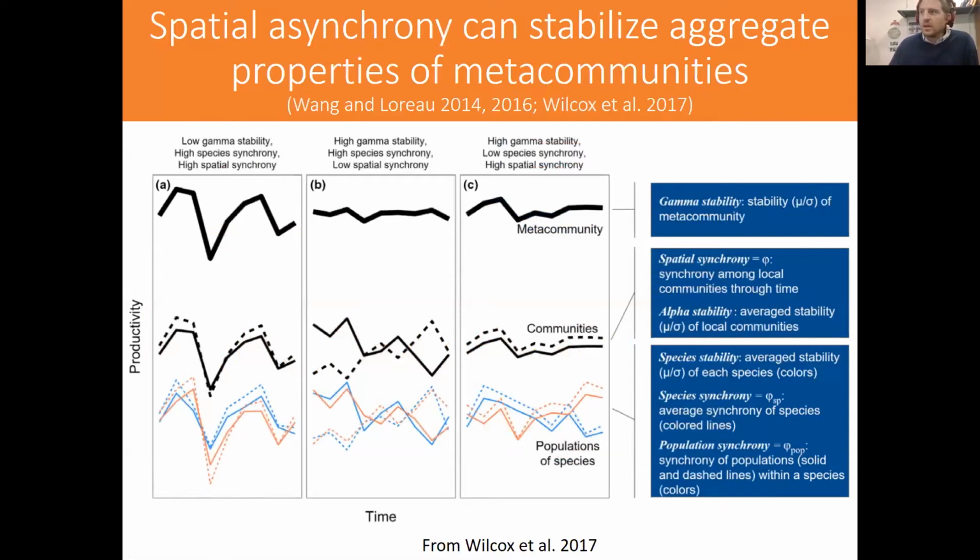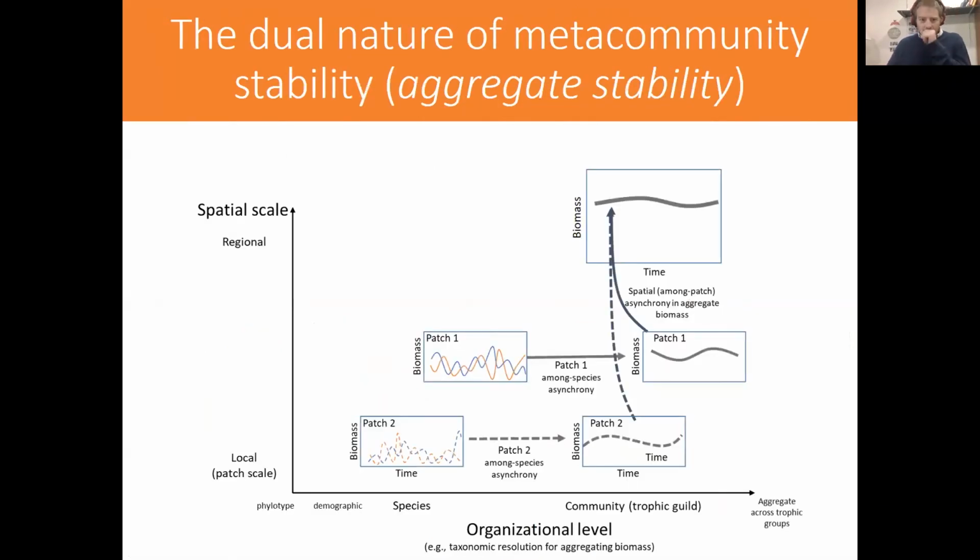Okay, so that's the aggregate metric approach to looking at metacommunity stability. What we're working on in this working group is adding in compositional stability. So with the approach that I just talked about, say we have patch 1 and patch 2, and we have biomass that we're measuring of 2 different species, orange and blue, through time.